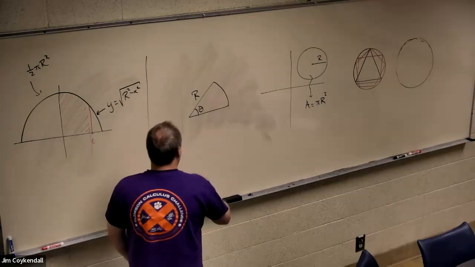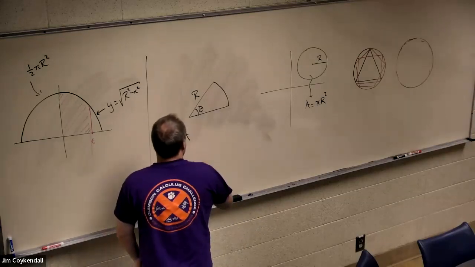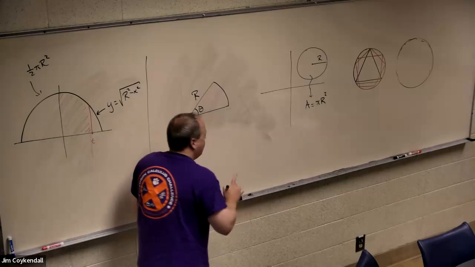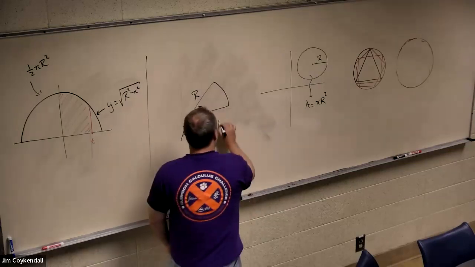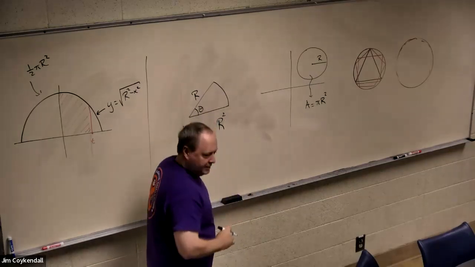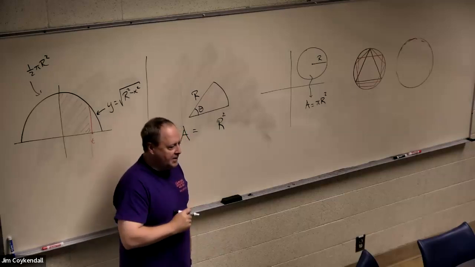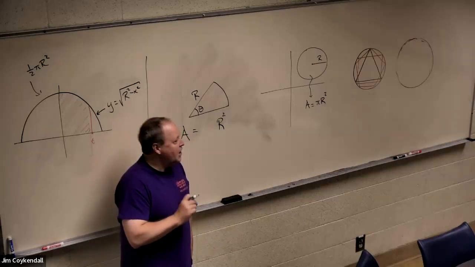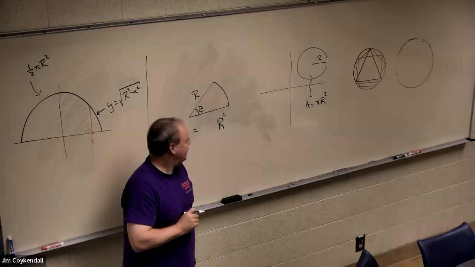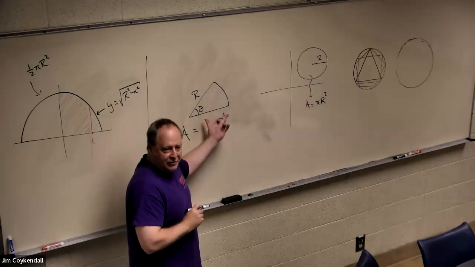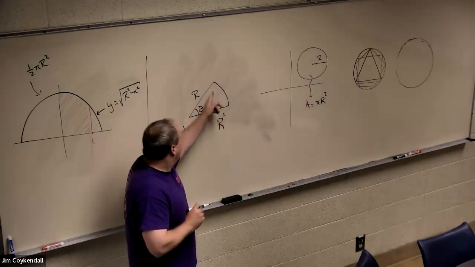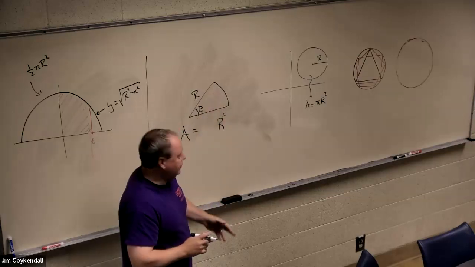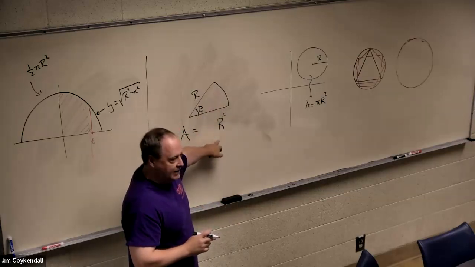Actually, you're on the right track here. Area of the sector. I bet it depends on r squared. Do you know how to know that? Units. Right? r is measured, say, in inches, so the area of that piece is in square inches. I bet it's like this.